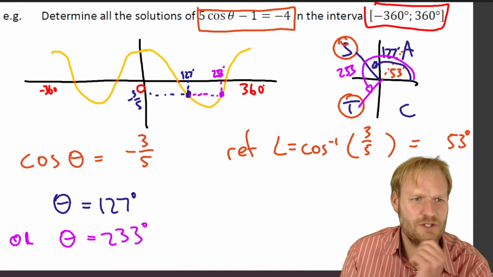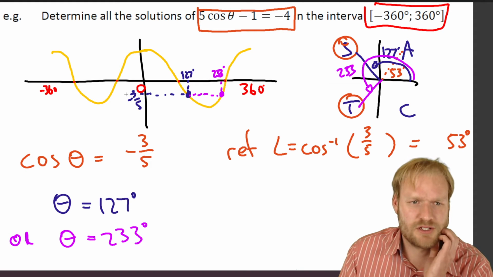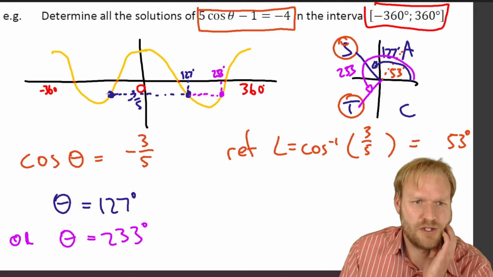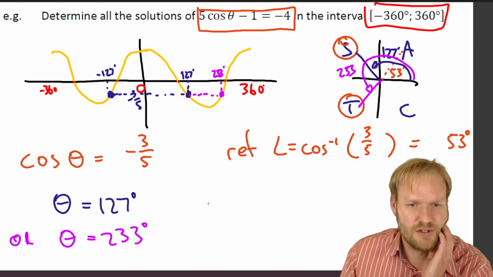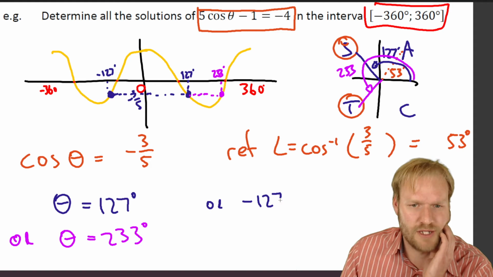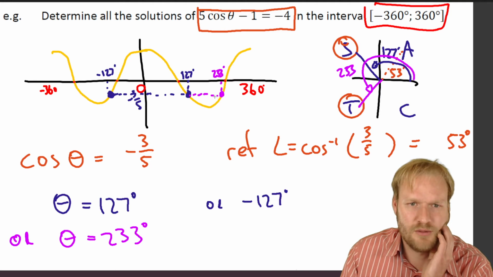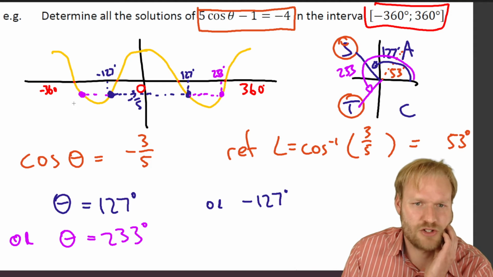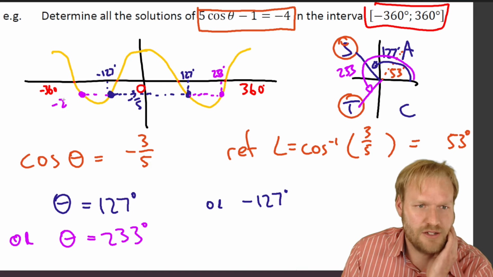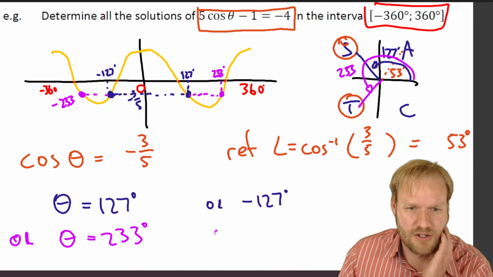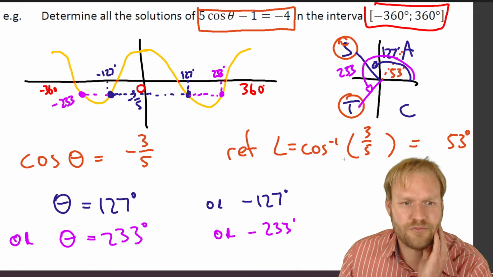But now we said by symmetry, if we just went this way, wouldn't this value just be minus 127 degrees? And this option over here, well, again, if we just went symmetrically about it, would be minus 233 degrees.